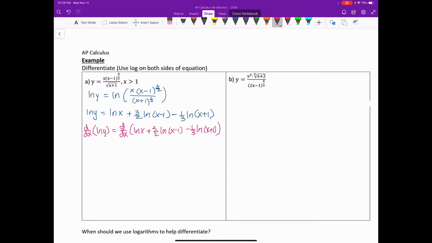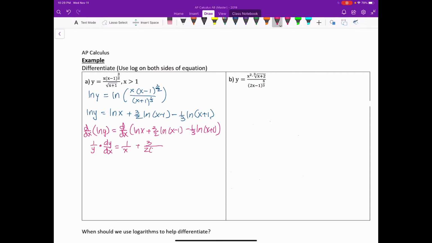On the left-hand side, the derivative of natural log is 1 over u, or in this case it's y, 1 over y. But using the chain rule, you have to take the derivative of y with respect to x. That's the inner function.